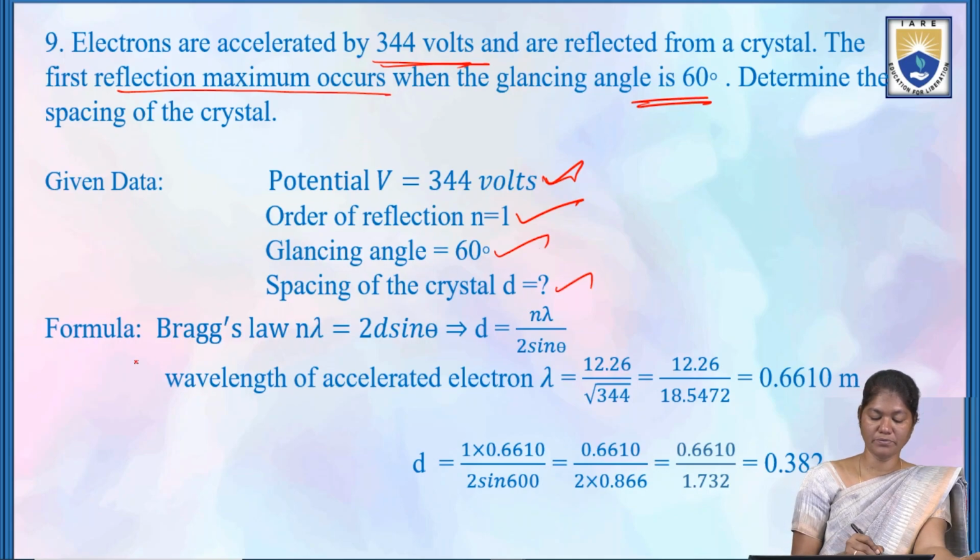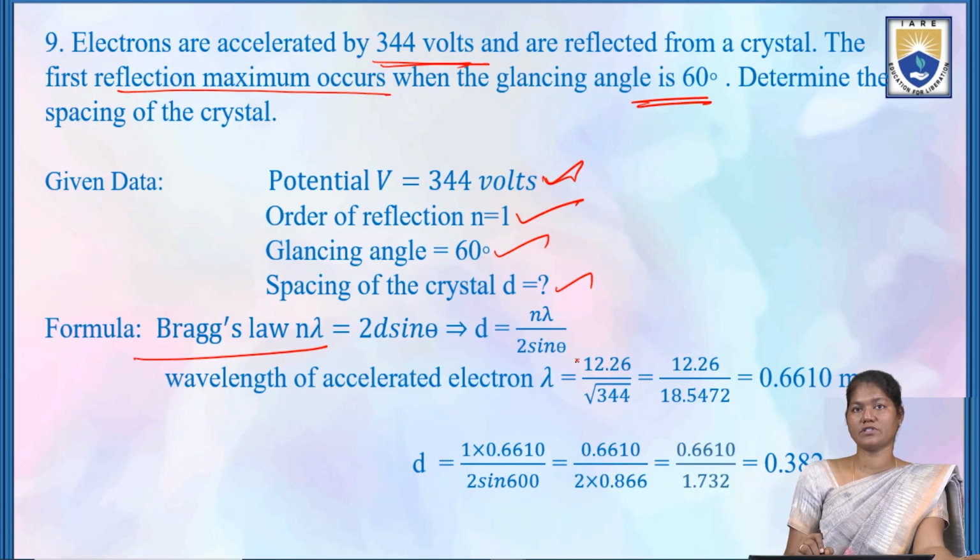So from Bragg's law, n lambda is equal to 2d sin theta, we can calculate the interplanar spacing distance. So d is equal to n lambda by 2 sin theta. But before that, we have to know the lambda value. To find the d, we have to calculate the lambda.